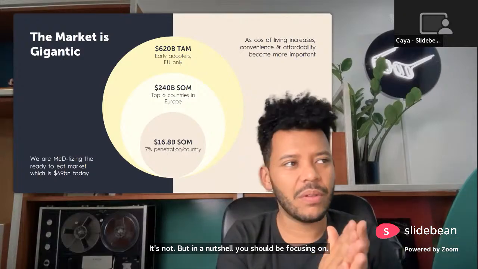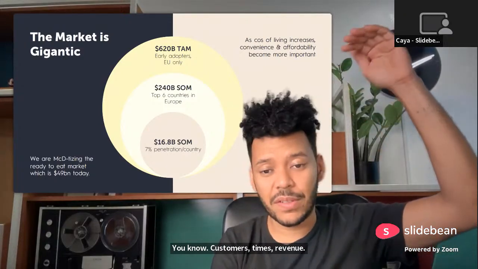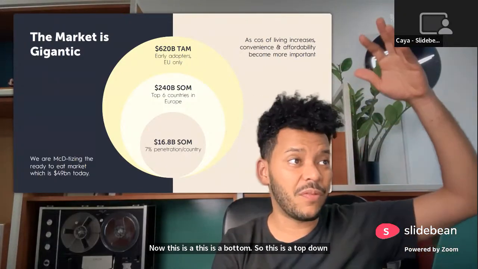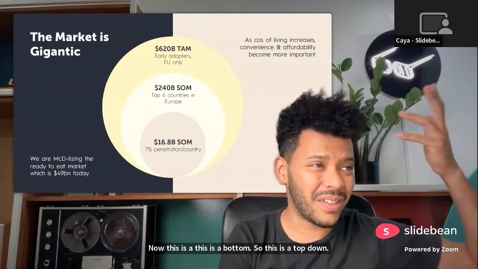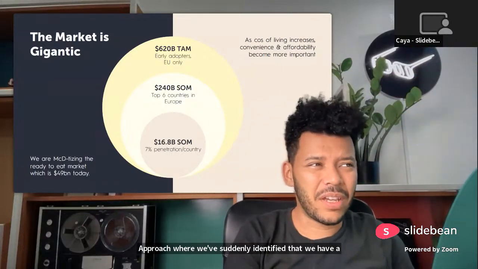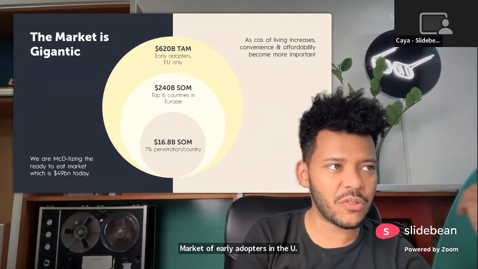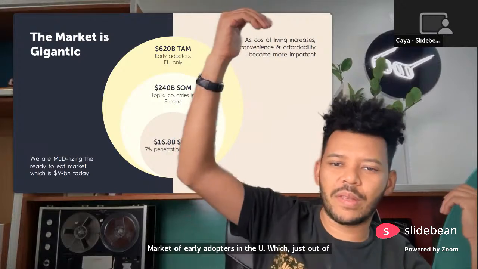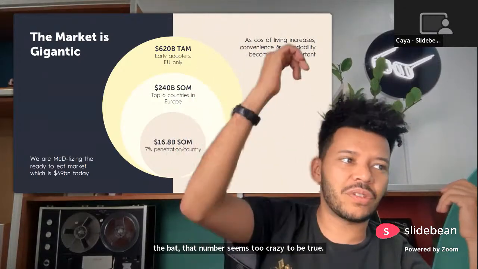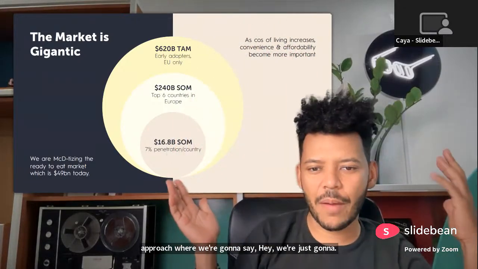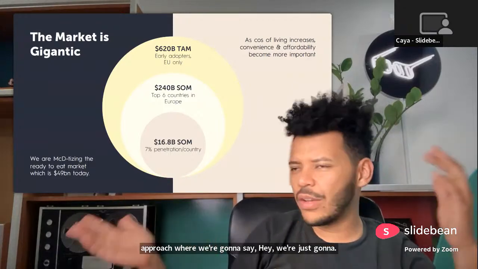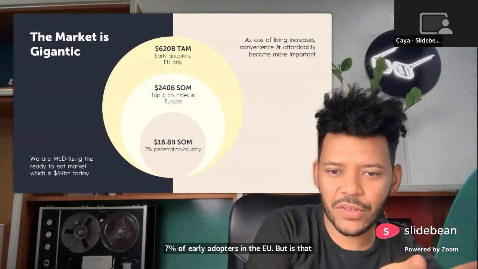Now, this is a top-down approach where we've suddenly identified that we have a $620 billion market of early adopters in the EU, which right off the bat seems too crazy to be true. Then we're just saying, hey, we're going to take 7% of early adopters in the EU. But is that real? Is every early adopter going to need whatever this product is?